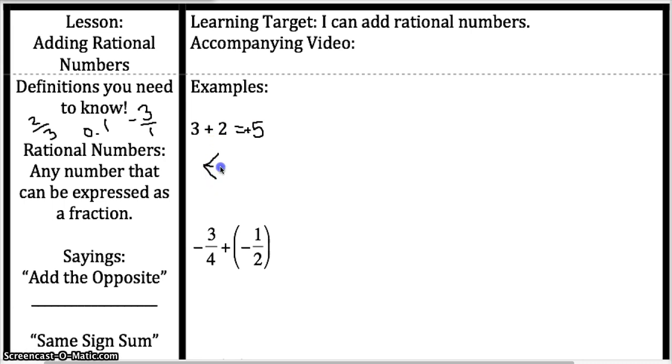So on your paper, go ahead and draw a number line. Your number line should be straight. I'm learning how to use this pen right now, so bear with me. On your number line, make this one 0, and then label it all the way up to 5.